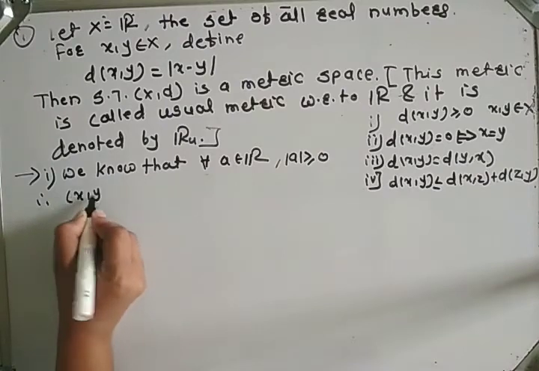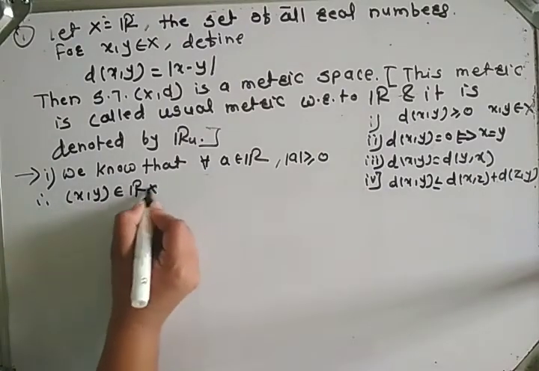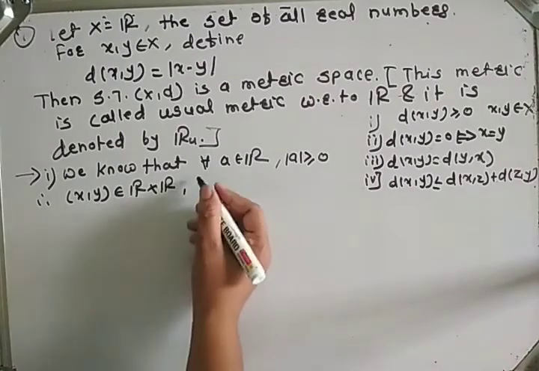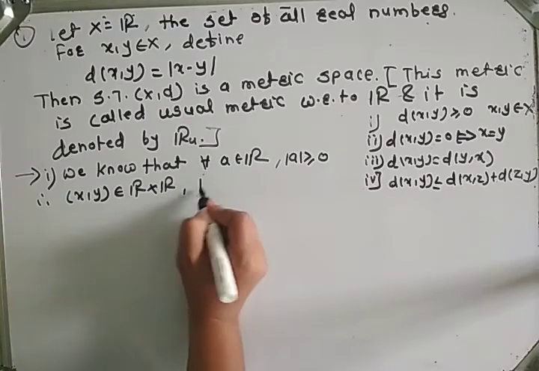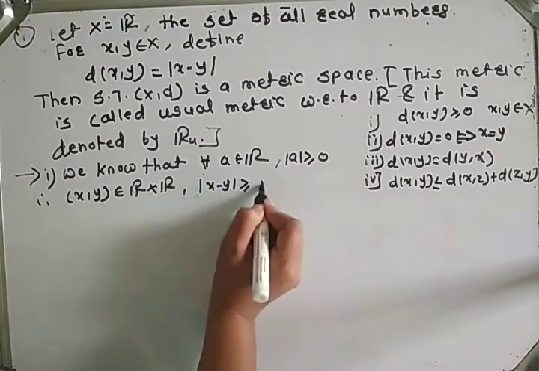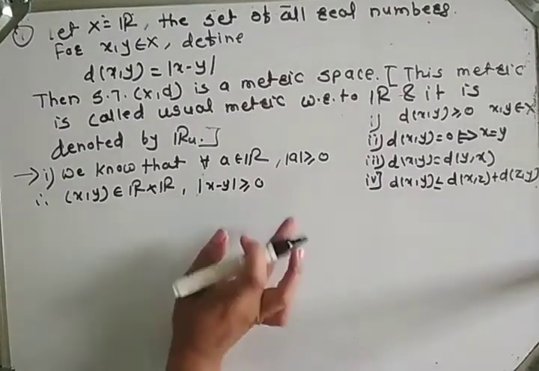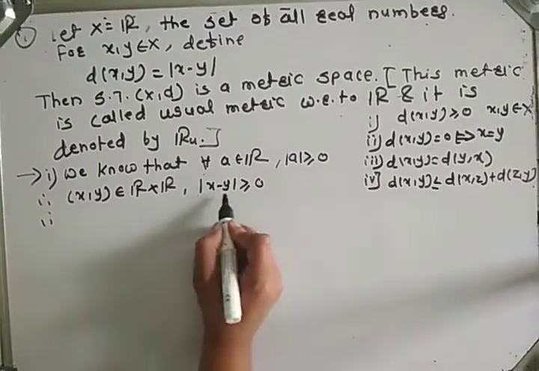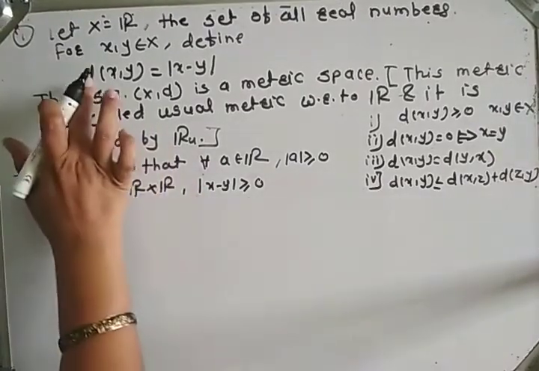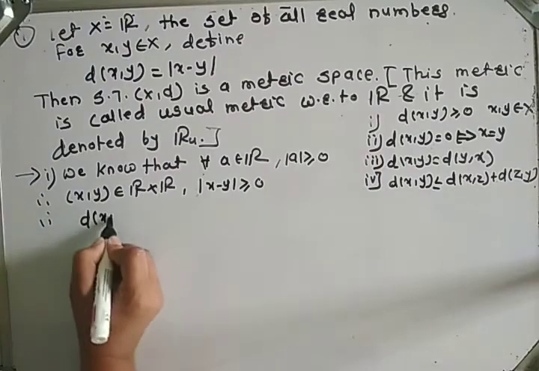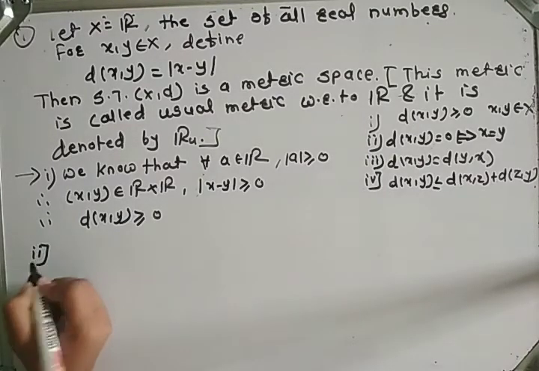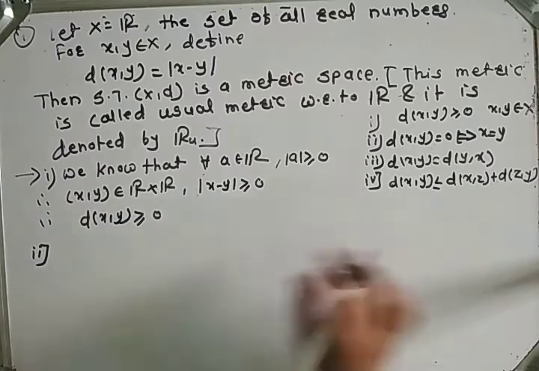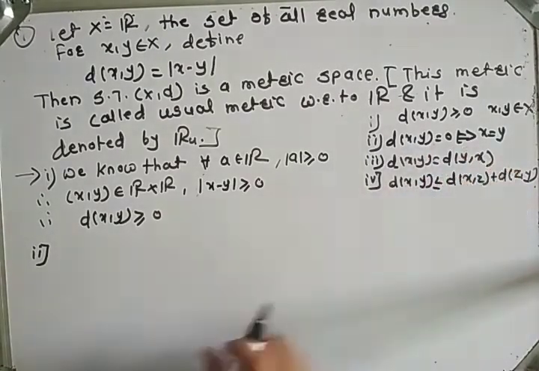Therefore, for ordered pair x, y belongs to R cross R, distance mod x minus y is always greater than or equal to 0. Obviously, therefore, mod x minus y is greater than or equal to 0 means d of x comma y is greater than or equal to 0. First property is satisfied.